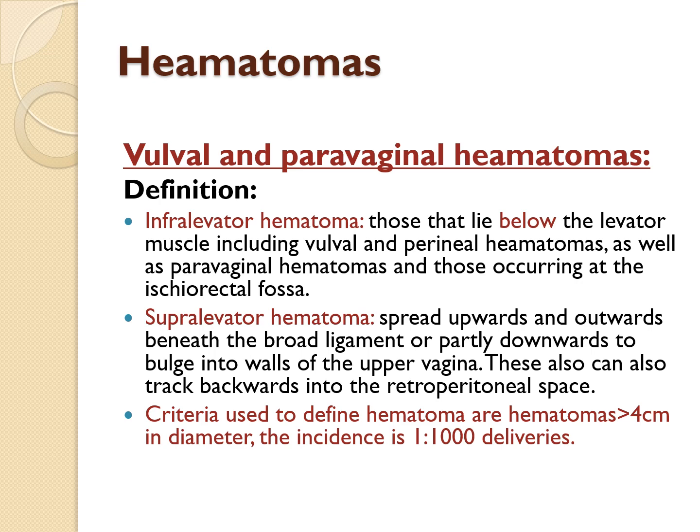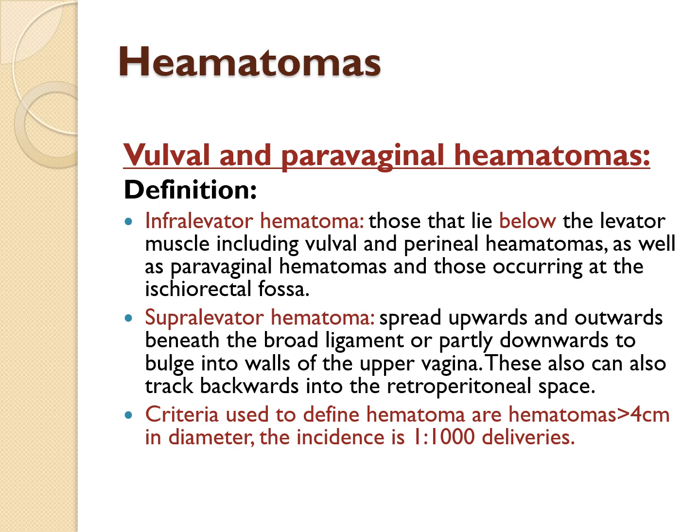Supralevator hematomas spread upwards and outwards beneath the broad ligament or partly downwards to bulge into the walls of the upper vagina. These also can track backwards into the retroperitoneal space. The criteria used to define hematoma are hematomas more than 4 cm in diameter.